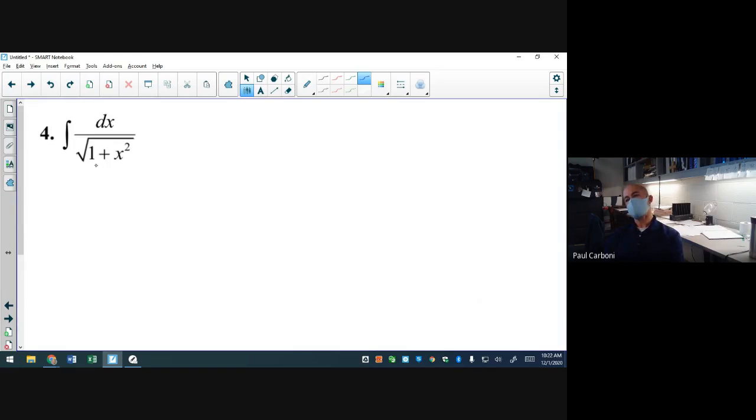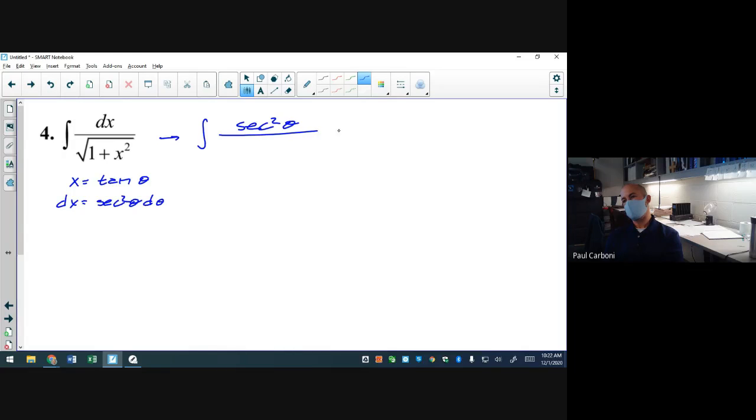So this is a trig sub, and this is another tangent one. We did tangent on the last one, didn't we? X is tangent theta. Dx would be secant squared theta d theta. Oh, I think I know where this one's going to go. And so when I substitute that, the dx is secant squared.